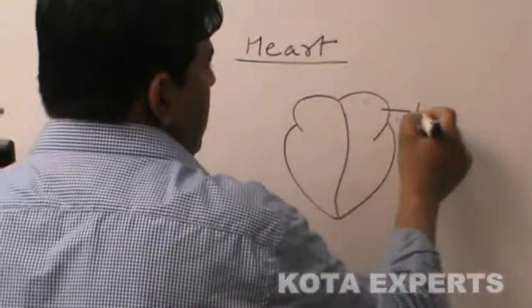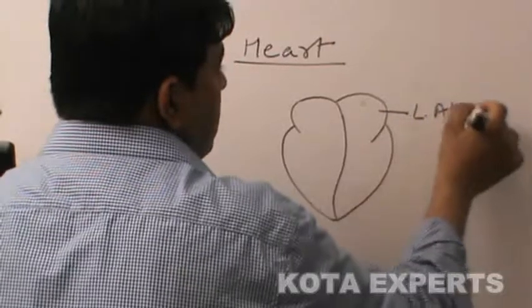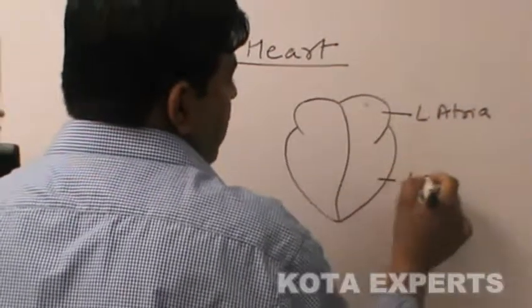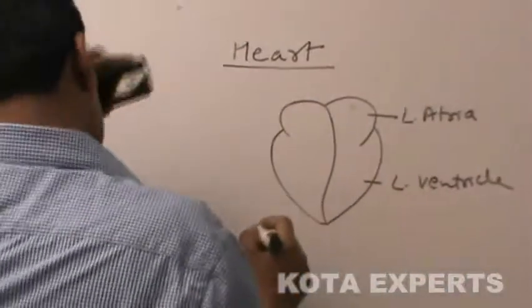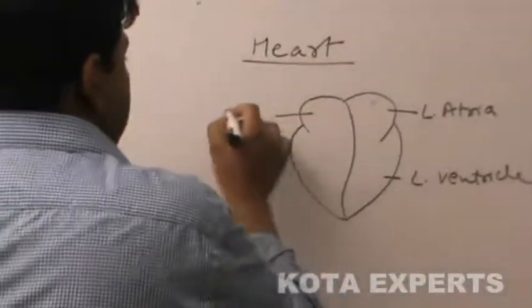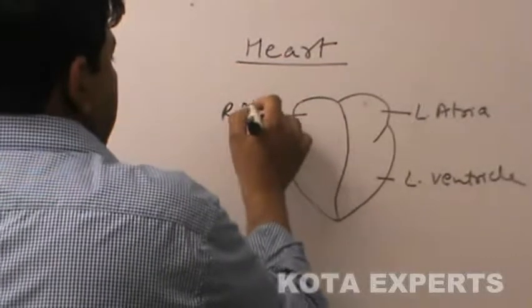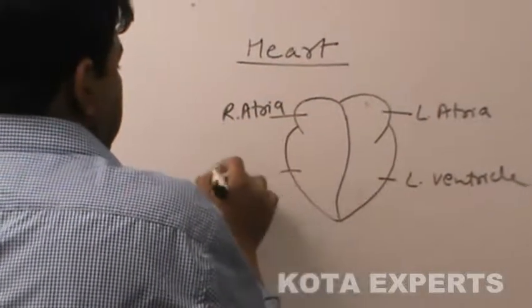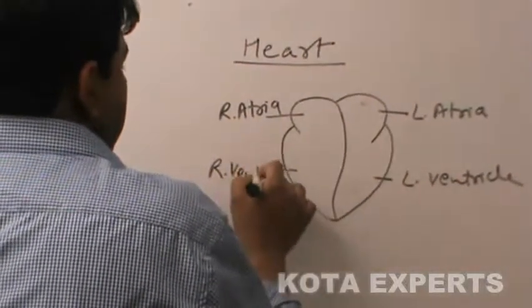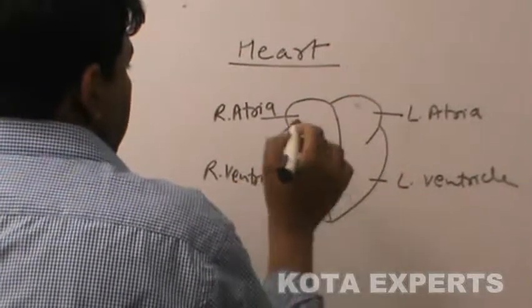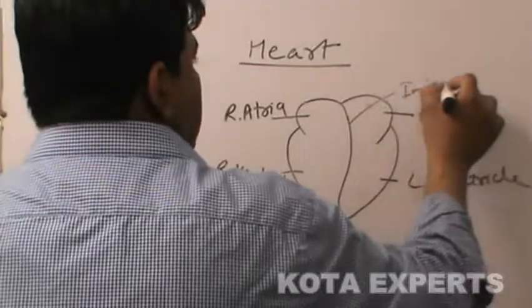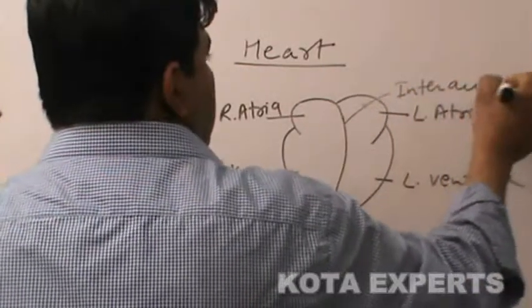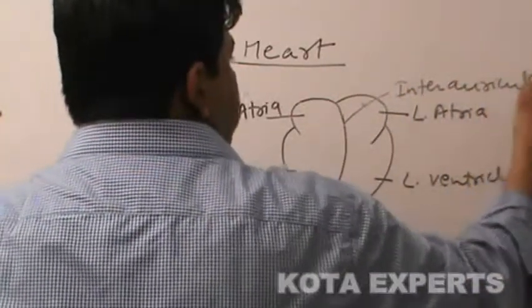This is the left atrium, this is the left ventricle, this is the right atrium, right ventricle, this is the interauricular septum.